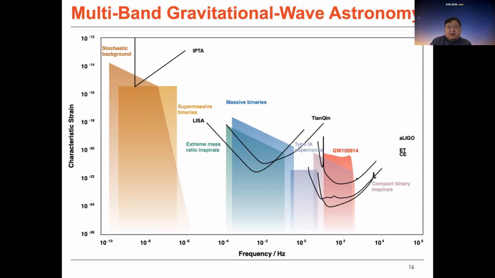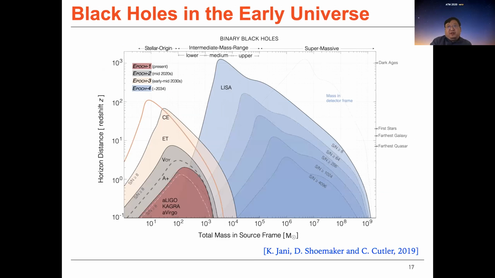So one thing I want to mention is the kind of black holes these detectors, let's just talk about the ground-based and the space-based laser interferometers, will probe. They will be probing black holes with different masses.